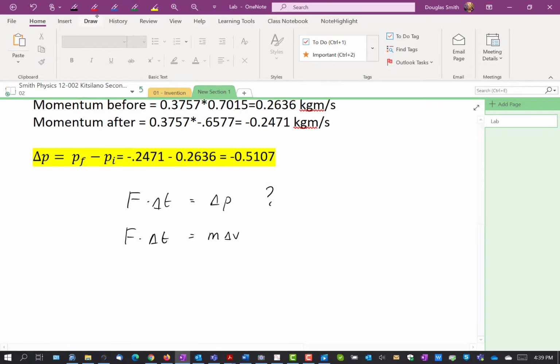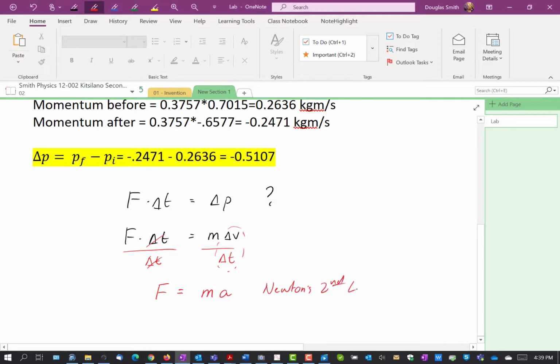Okay, now let's divide both sides by delta t. That cancels out. And will you look at that? What's delta v over delta t? What's that equal to? I believe that is F equals ma. That's Newton's second law.